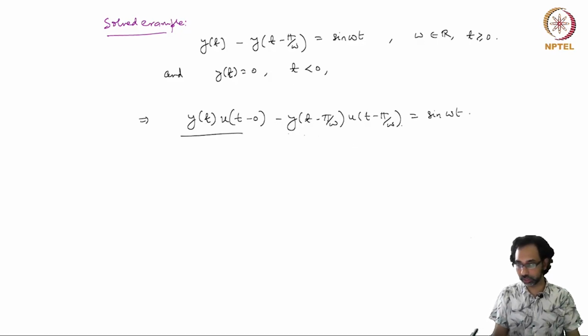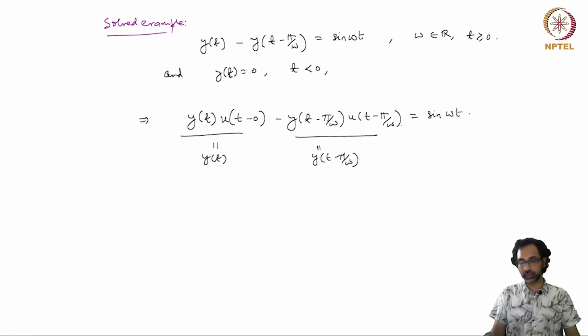So this is equal to y(t) and this is equal to y(t minus pi over omega), because the Heaviside unit step function is taking a unit step at t equal to 0 and this one is taking a unit step at pi over omega, and before that it is 0.